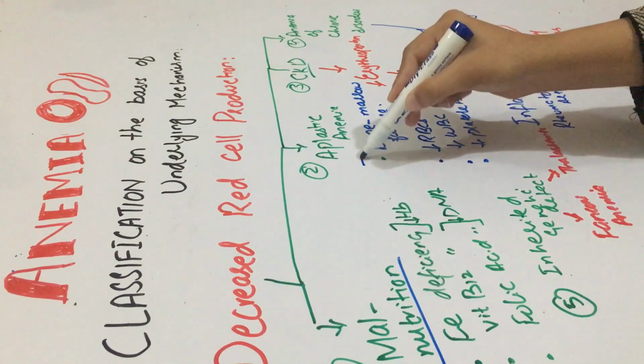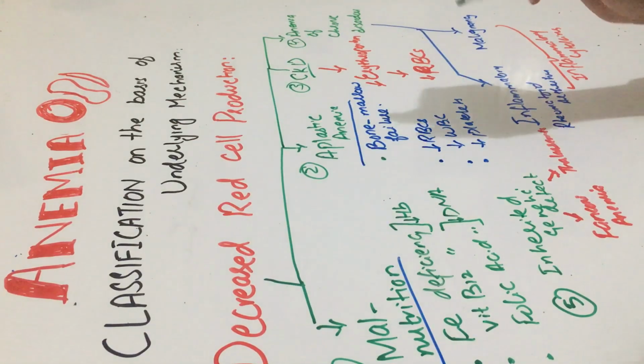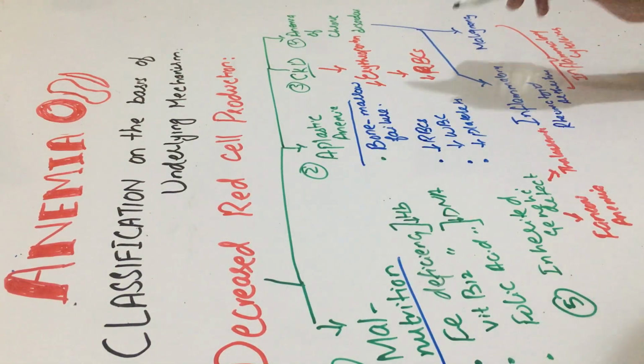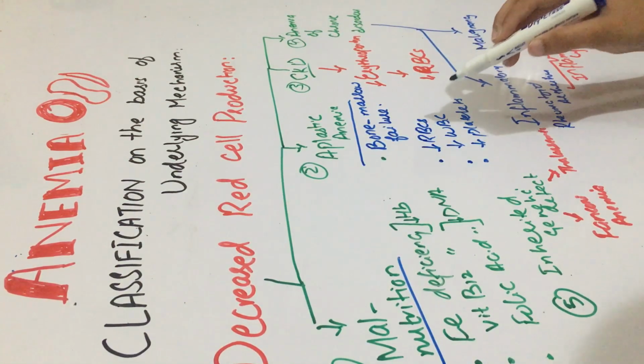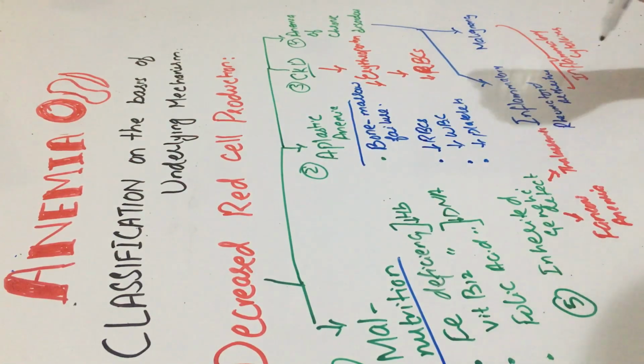The second we discussed was aplastic anemia. There is bone marrow failure, the factory from where the RBCs have to be synthesized, that is defective. Along with decreased RBCs, there would be decreased WBCs and platelets as well.